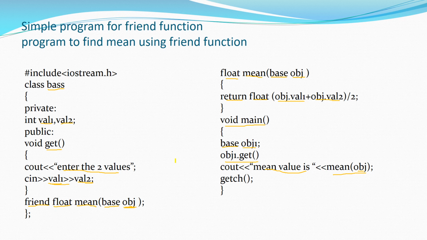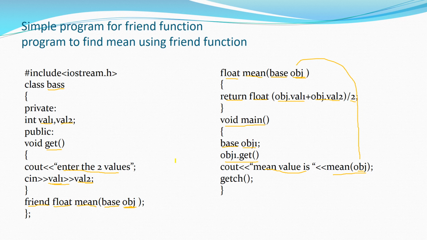Now 10 plus 20 equals 30. 30 divided by 2, the mean value which is stored as 15 in the object, and it returns the value we calculated and presents the result as: the mean value is 15. 15 has been printed in the output.